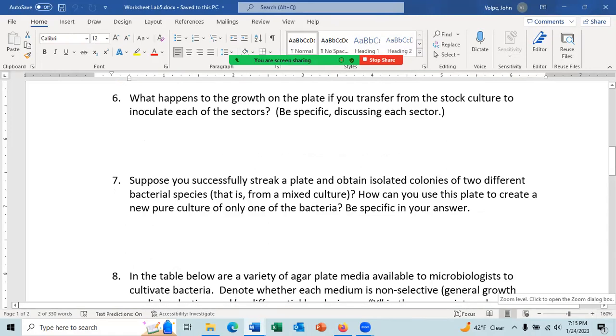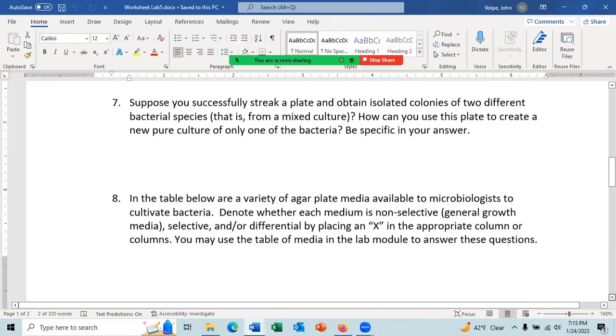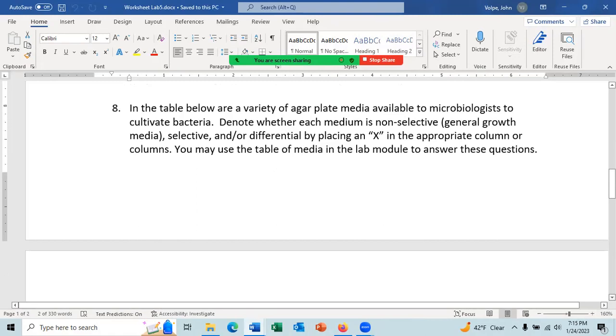Eight, in the table below are a variety of agar plate media available to microbiologists to cultivate bacteria. Denote on each medium whether each medium is non-selective, selective, or differential by placing an X in the appropriate column.